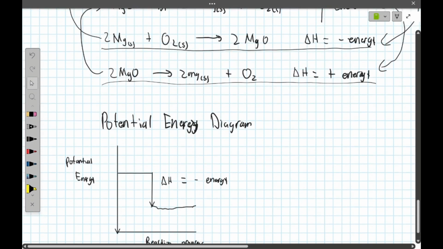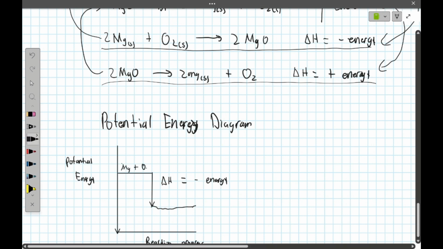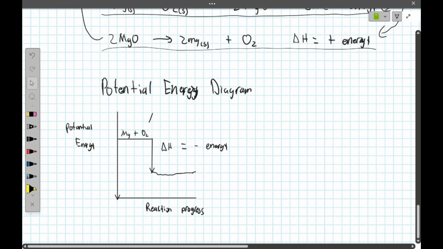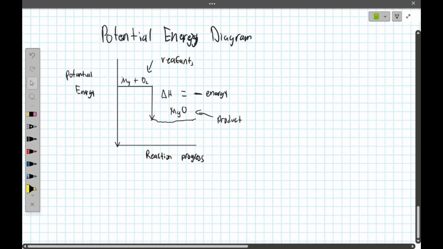And we have our Mg plus O2. So these right here are our reactants. And as the reaction progresses, the energy change is negative, and then the product of MgO is created. So this diagram is an example of an exothermic reaction.